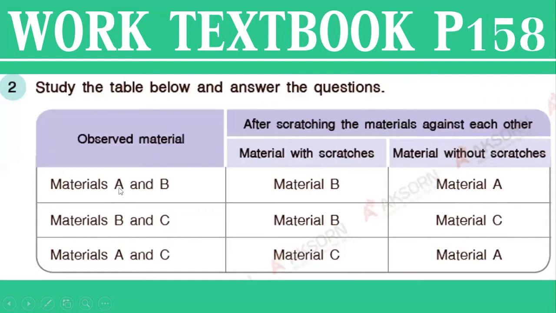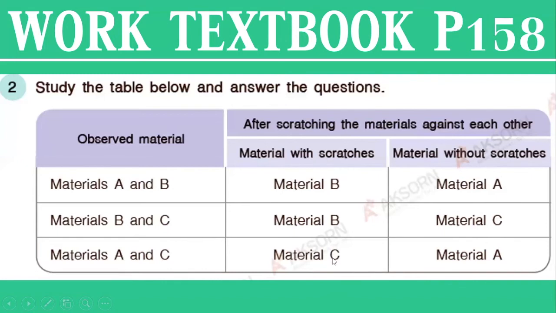We know A is harder than B, and C is harder than B. Now we identify which of A and C is harder. We take A and C and scratch them against each other, and C has scratches while A has none.